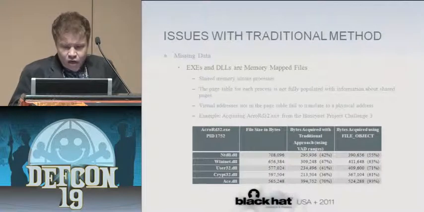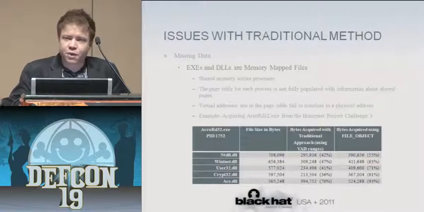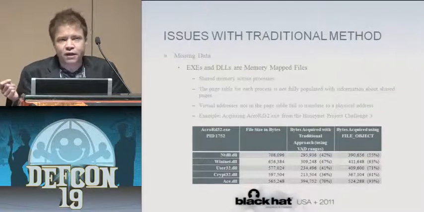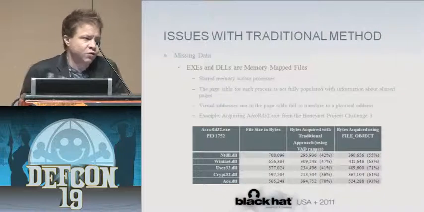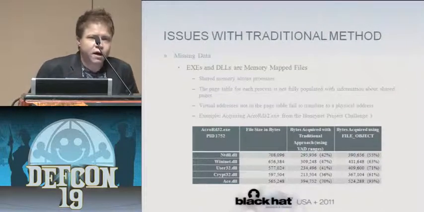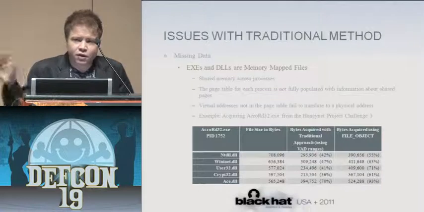Because of this, they may be in your process address space, but the address that they represent may not translate in your page table entries. I won't go into the depths of how you do virtual to physical translation. If you want to learn more about that, there's slides on the internet and so forth.